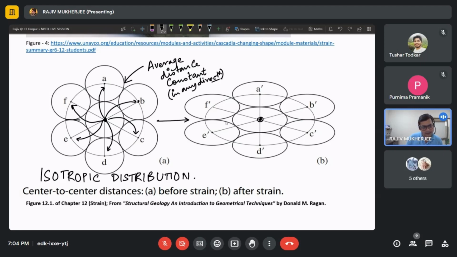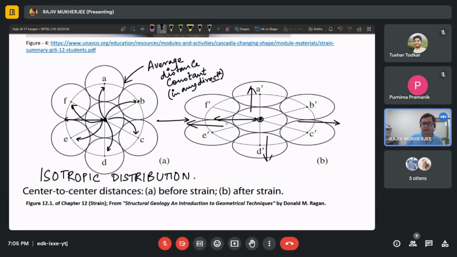So this is my average value, so this much. Okay, now along this direction the average value is increased. However, in this direction the average value decreased, right?